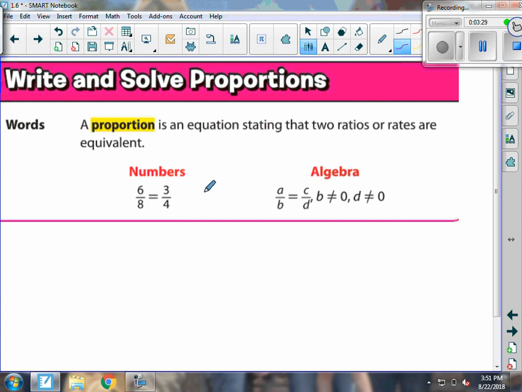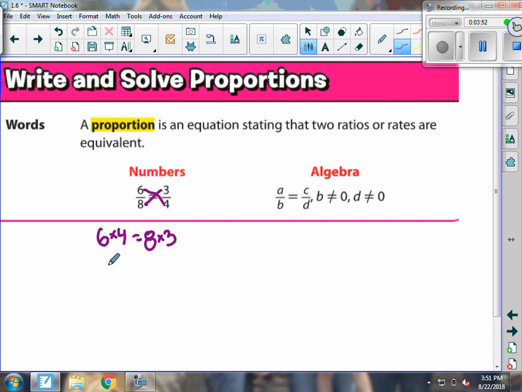When you take your cross products, you are multiplying across your equal sign. So that is 6 times 4, and then you put your equal sign, 8 times 3. Well, if these really are proportional, then this will be true.